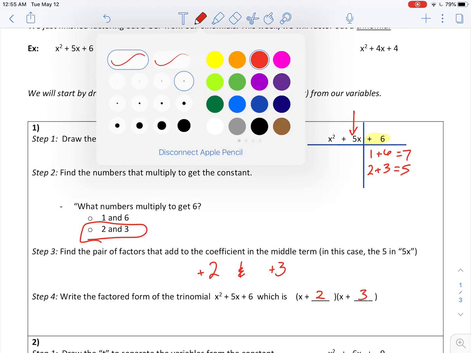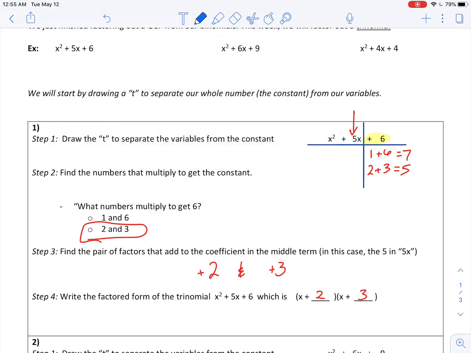Let's go back and FOIL that and make sure that our answer is correct. We'll do our FOIL method: first, outer, inner, and last. The first term in each binomial, x times x, is x squared. Then the outer, x and positive 3, is a positive 3x.